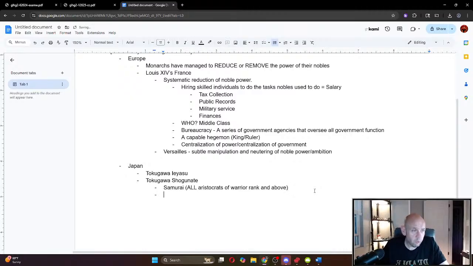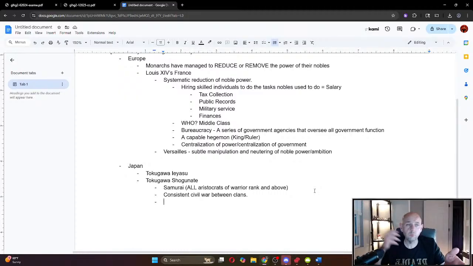Now, the samurai in Japan for centuries had engaged in consistent civil war between clans. And this is not all that different than what happened in most of medieval Europe, where this lord would war on that lord with the soft permission of the king of whatever country, call it France. Well, the same thing happened in Japan.